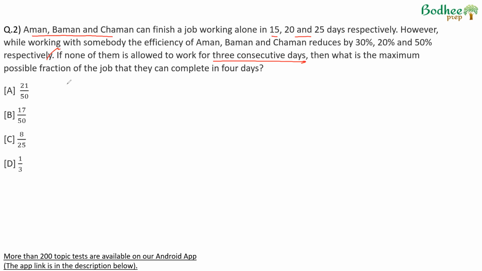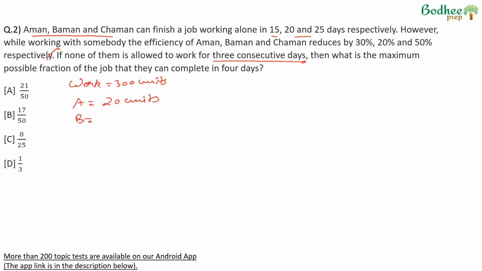Okay, let the work be the LCM of 15, 20, and 25: 75, 100, 300 units. And therefore efficiency of A working alone will be 300 upon 15, which will be 20 units.